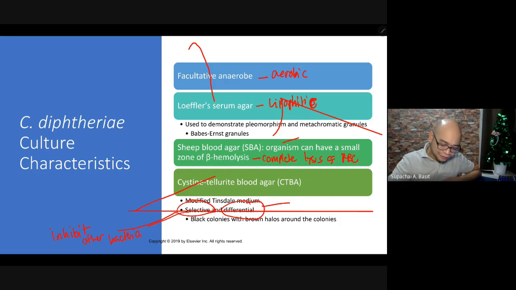Because we can differentiate three varieties of Corynebacterium diphtheriae: mitis, intermedius, and gravis. That is why CTBA is selective and differential at the same time. When culturing Corynebacterium diphtheriae, you'll see black colonies with brown halos around the colonies.